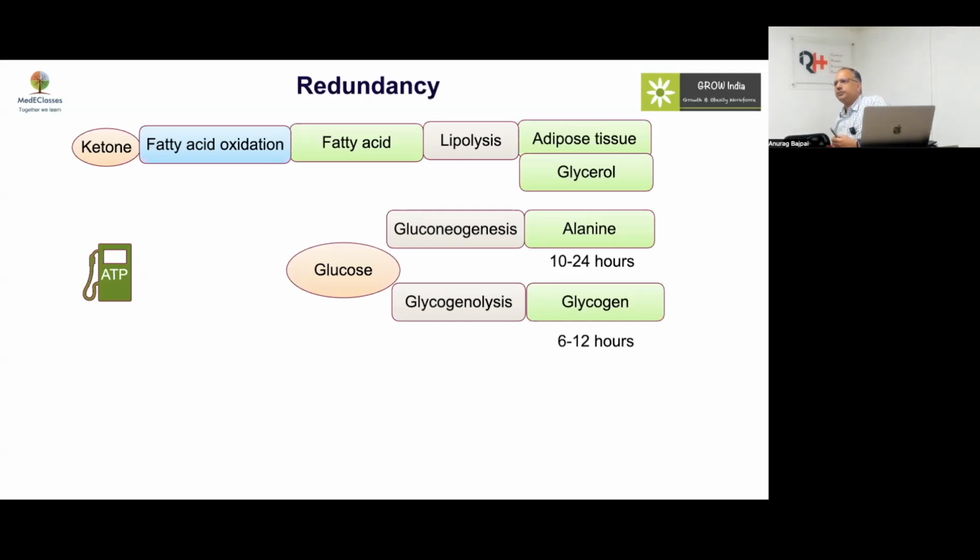AVP, what will it do? It will save water. It is mainly working from a water perspective. How many are there to decrease sodium? ANP. That will be only one, and that's a weak hormone, while your aldosterone is a predominantly strong hormone.